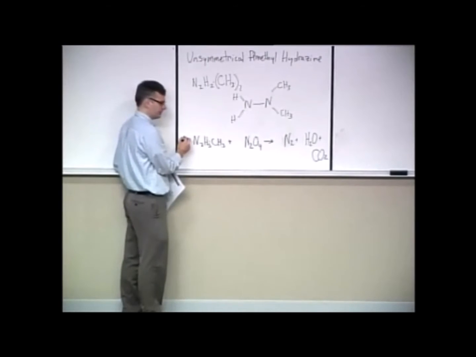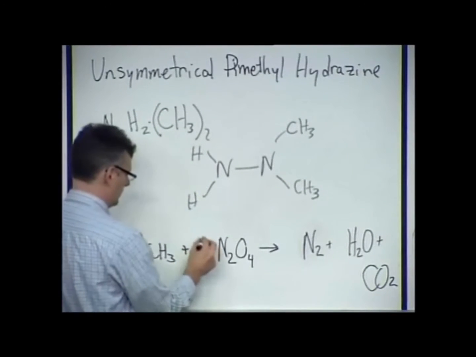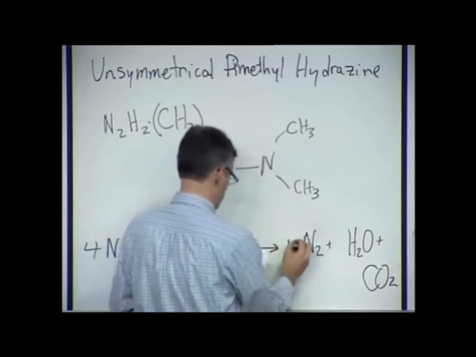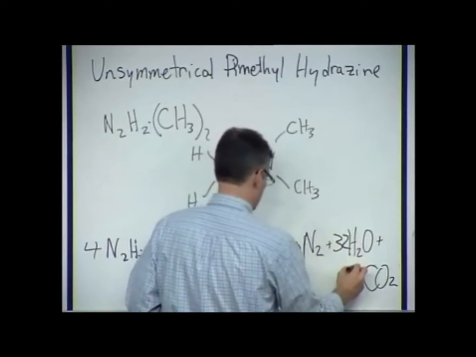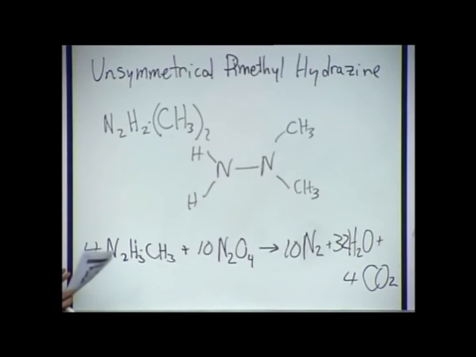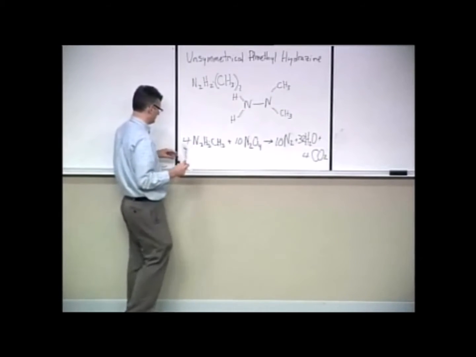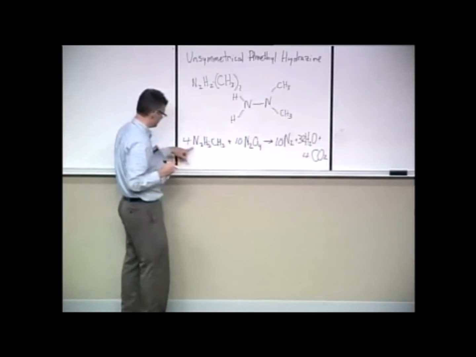Sure. So, 4, 10, 32, and 4. 32 and 4. Okay. First of all, thank you for not simplifying this. You could have divided by 2. But that's okay. And let's see. Does this all balance out?